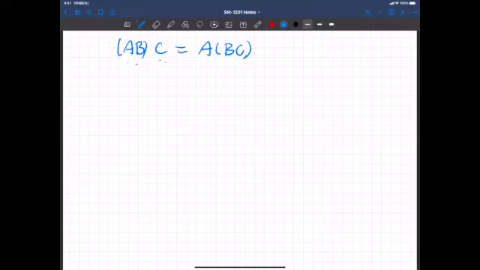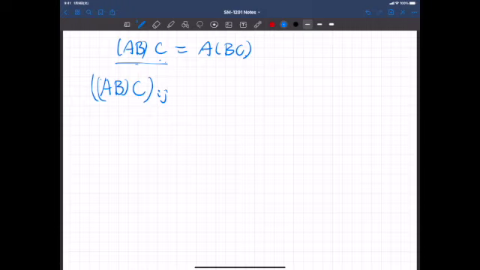So let's first calculate this one, (AB)C, and find the ij element of it.